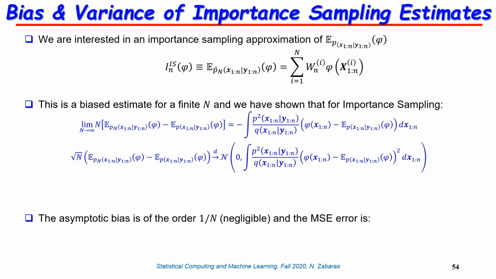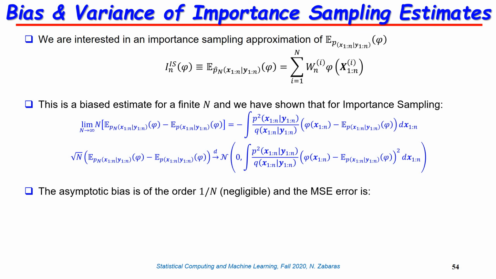If you look at the mean square error, that is basically bias squared plus variance, you can see that the bias squared is of the order of 1 over n squared, and the variance is of the order of 1 over n. Again, these are standard results that we have visited earlier.